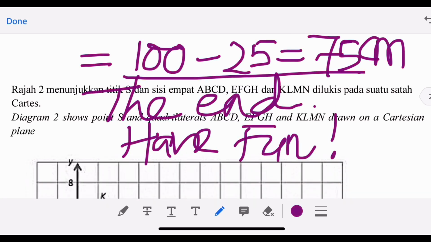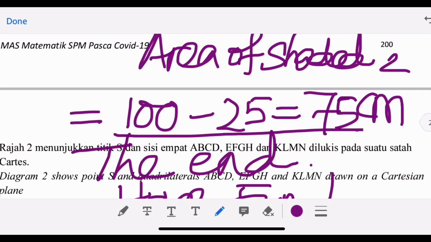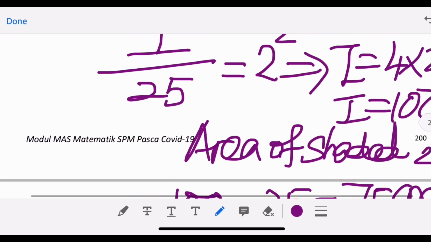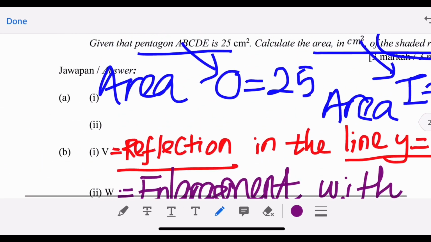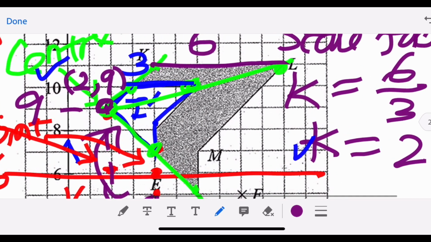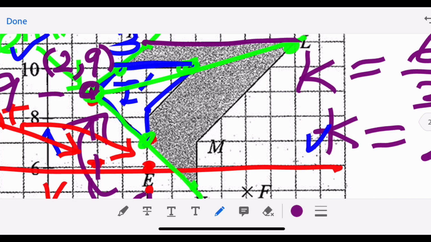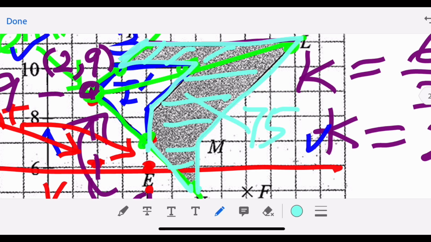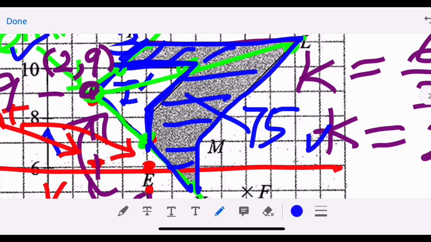And before I end my class, I would like to revise a bit again important tips for transformation: you have to perform the second transformation first, followed by the first one, okay? And then you have to understand the concept of the shaded region, the one that I shade in dark blue color.